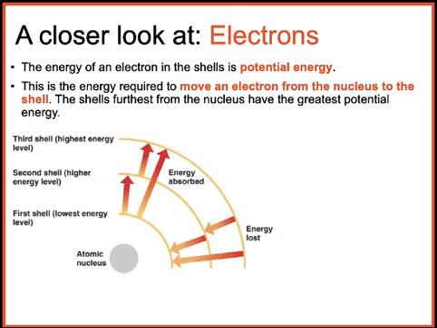This is the energy required to move an electron from the nucleus to the shell, right? The shells furthest from the nucleus have the greatest potential energy, okay? So if energy is absorbed by an atom, one or more electrons may be boosted to a higher energy level.